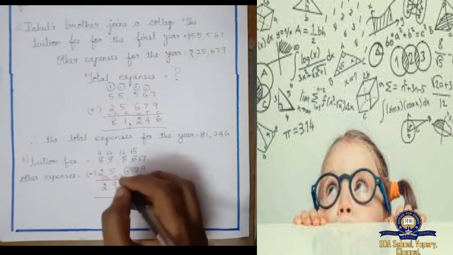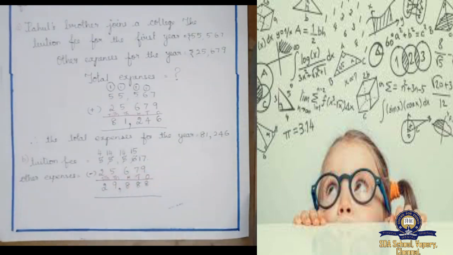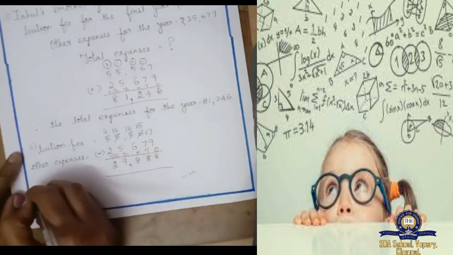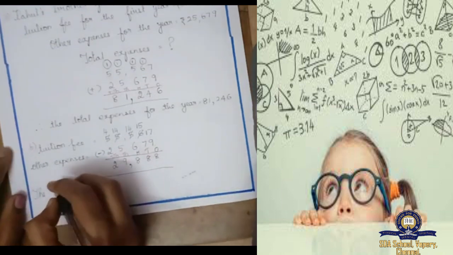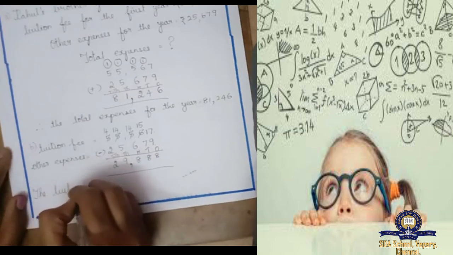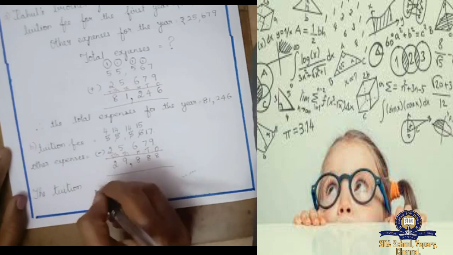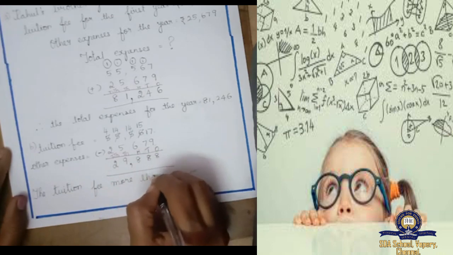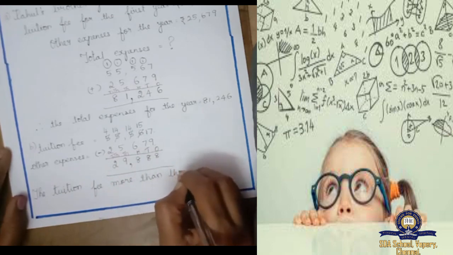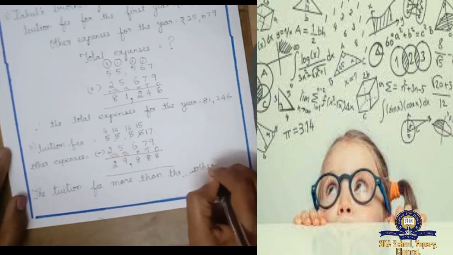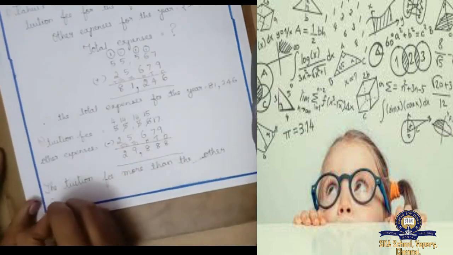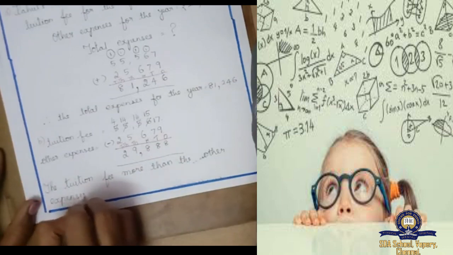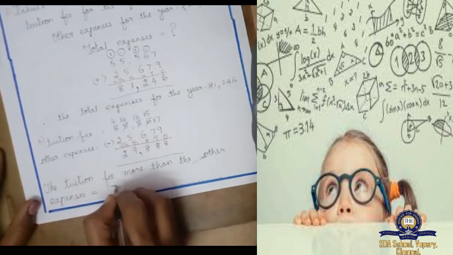Okay, now we'll put commas here. So 29,888. So at last we should write the tuition fee more than the other expenses is equals to how much?